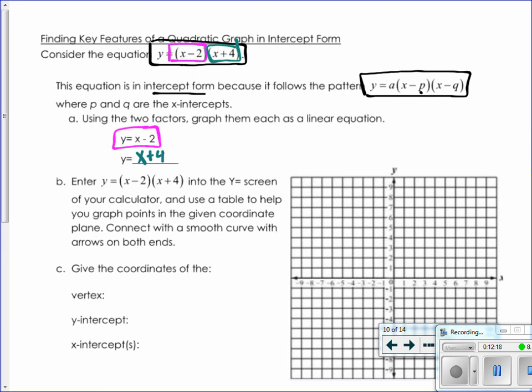Before we graph it, do this part. From our factored form, what's our intercepts? What are the two intercepts from that parabola? Right here. 2 and -4. Right? We know that it's going to be 2 and -4. When we have the parabola version, because we'll get to that in a minute.